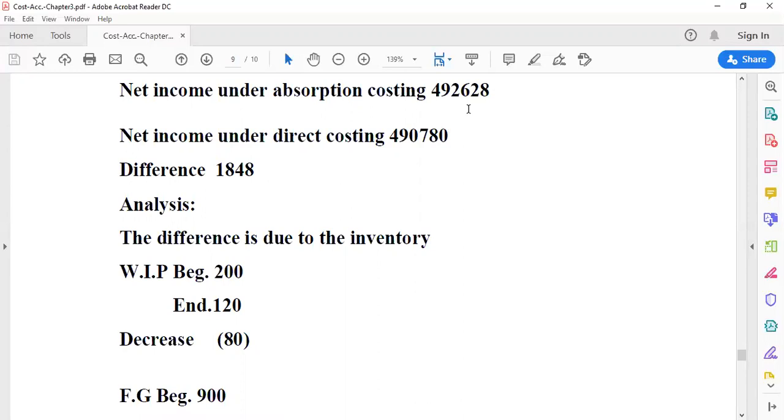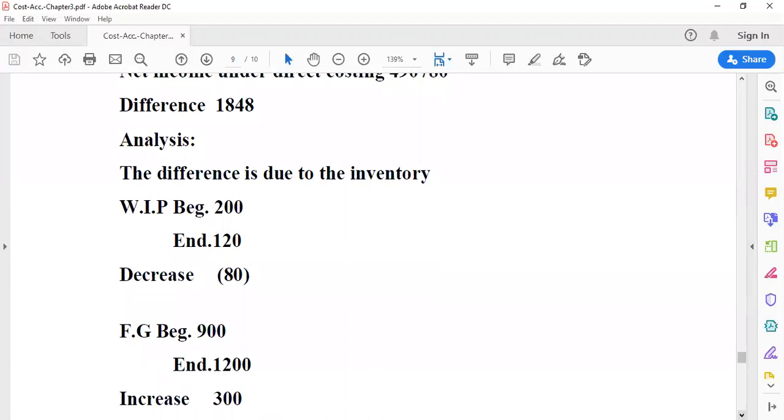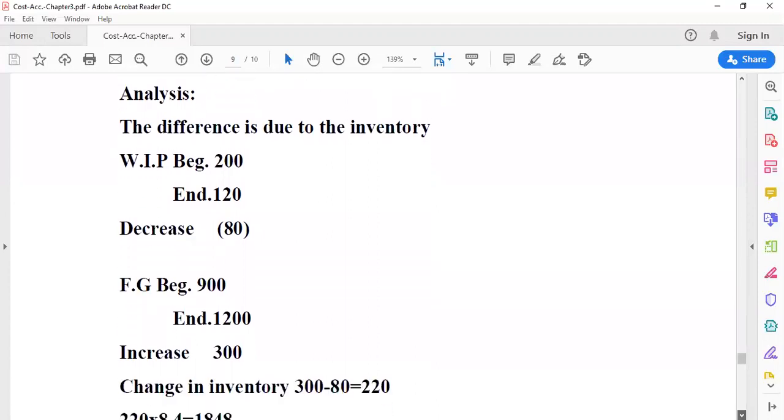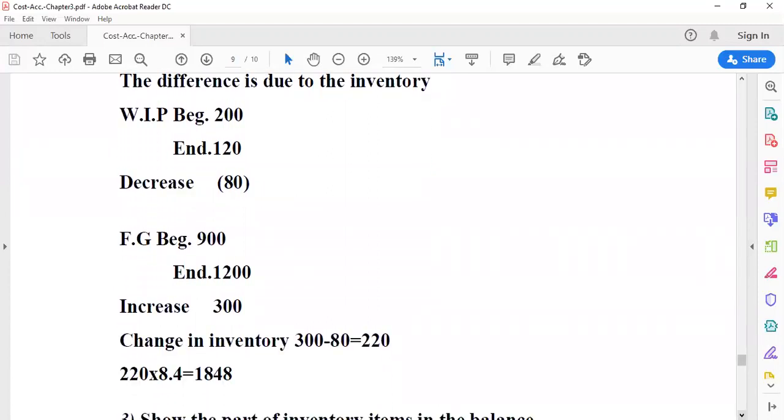Why did this happen? Because of the change that happened in the inventory. Something decreased and something increased, so we need to calculate the change. That change is equal to 220 units. This 220 units should be multiplied by 8.4.